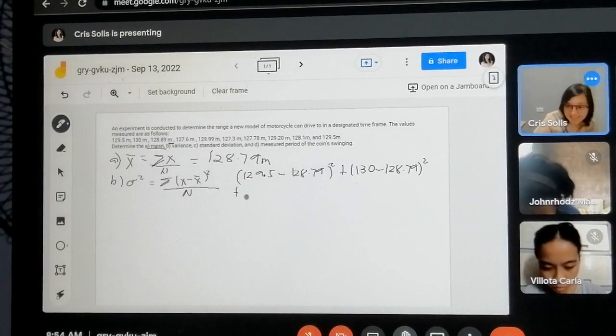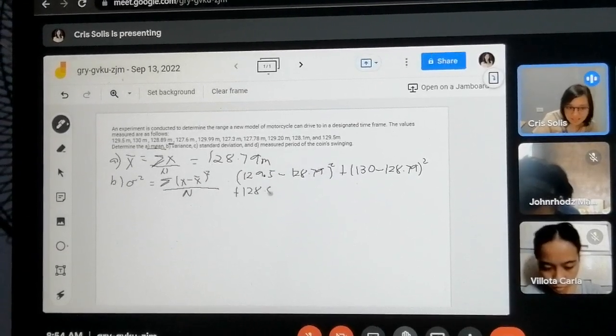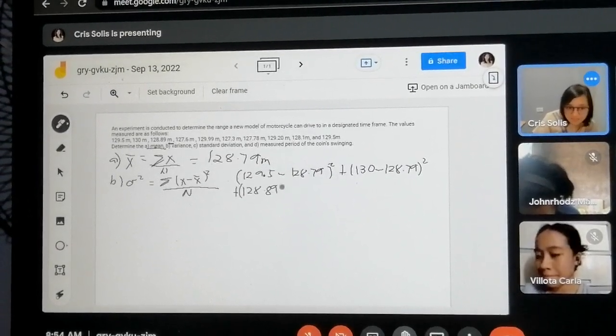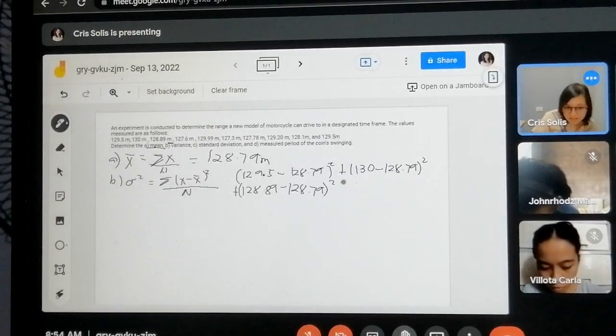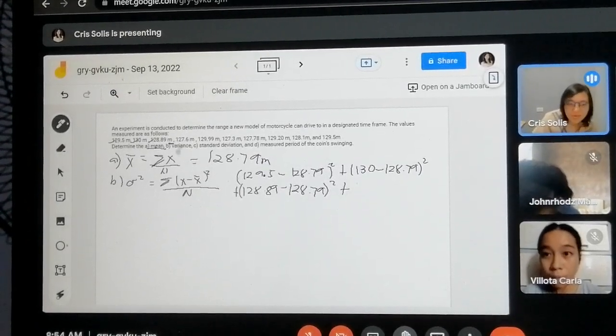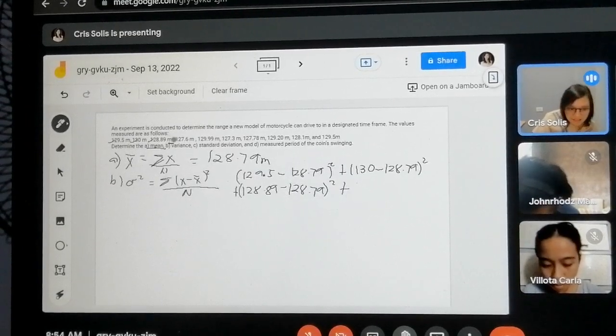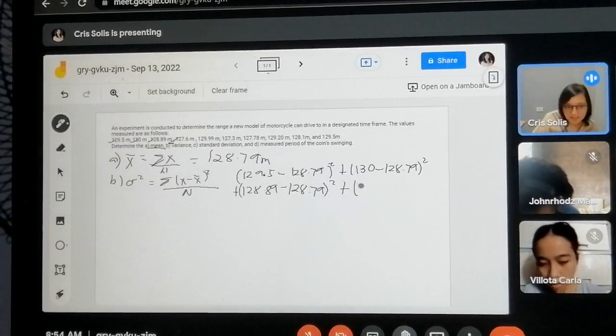Isusulat niyo po lahat. Plus 128.89 minus 128.79 squared plus, this is where most errors, systemic errors happen when writing down everything.